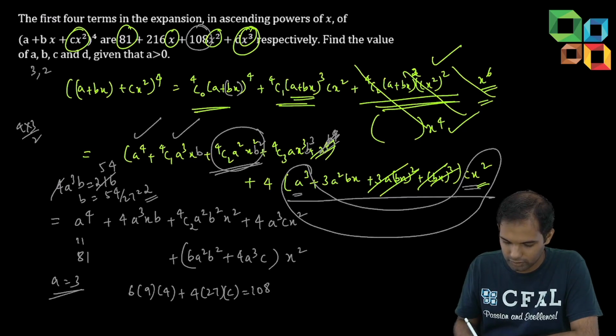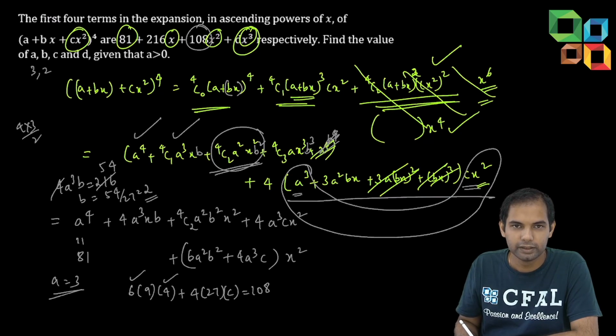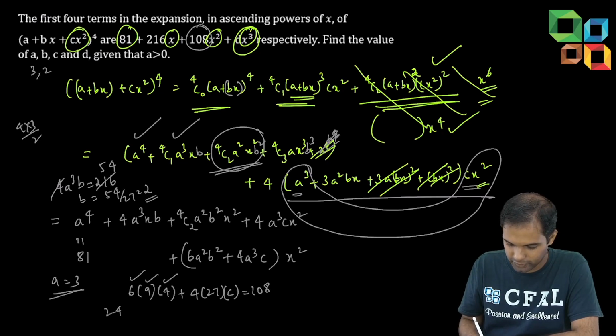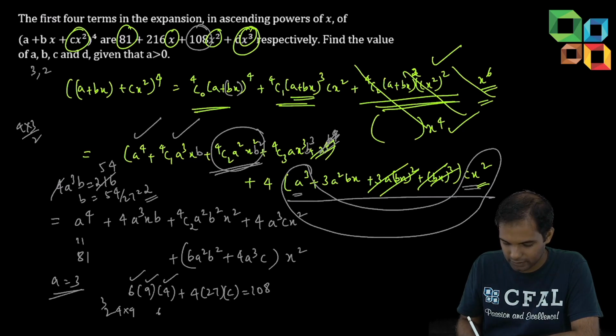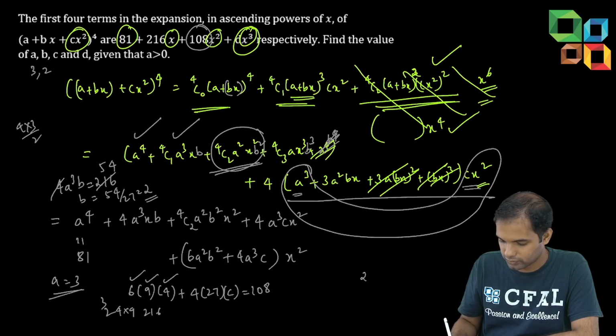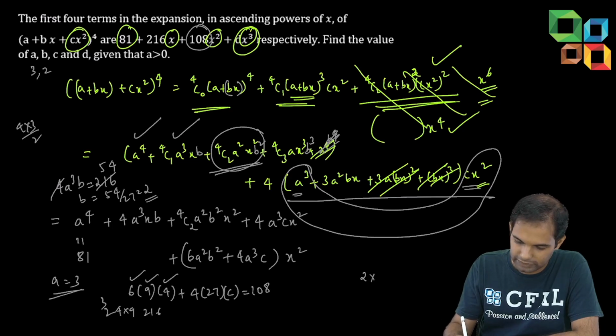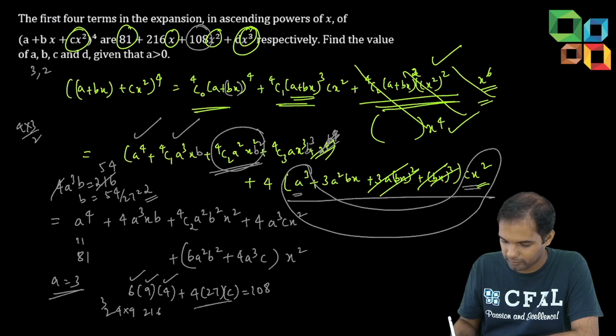So how much is this? 6 into 4, it's 24. 24 into 9. So 9 fours are 36, 9 twos are 18, so 216. And 27 into 4 is nothing but 108.